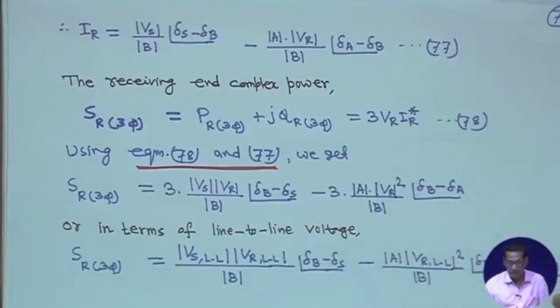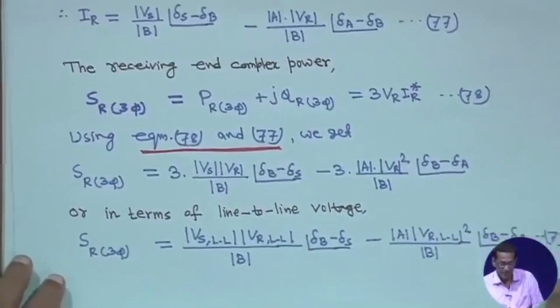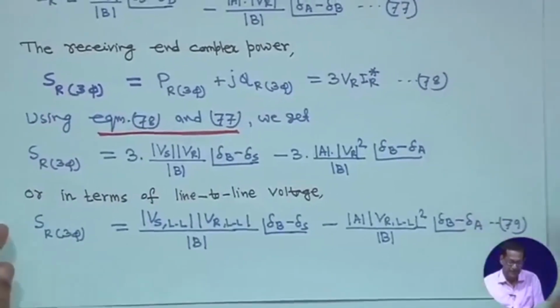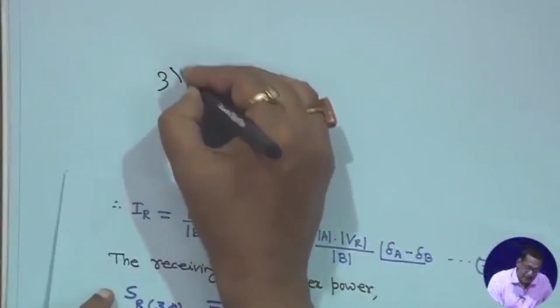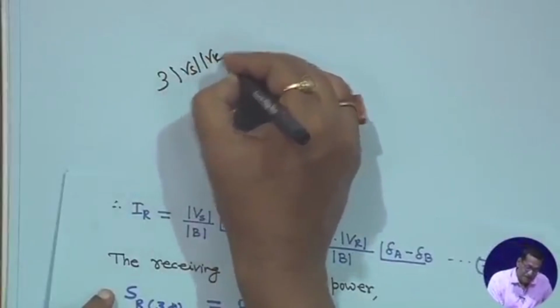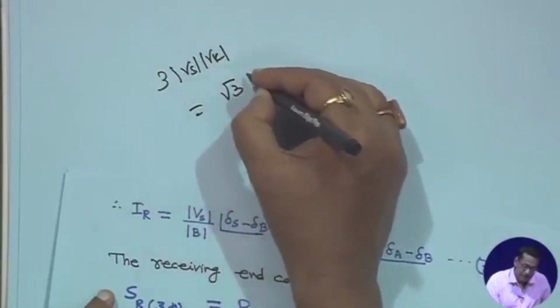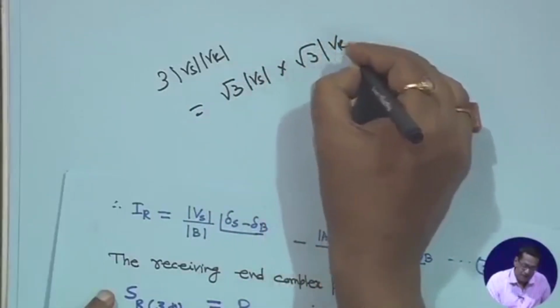In terms of line to line voltage, we can write this expression. It is 3 V s V r, which you can write as root 3 into V s times root 3 into V r.